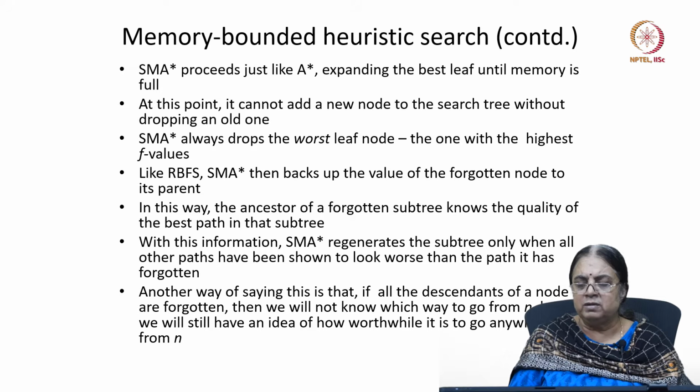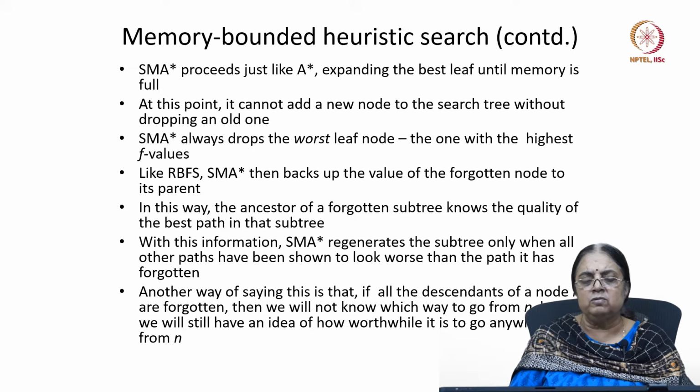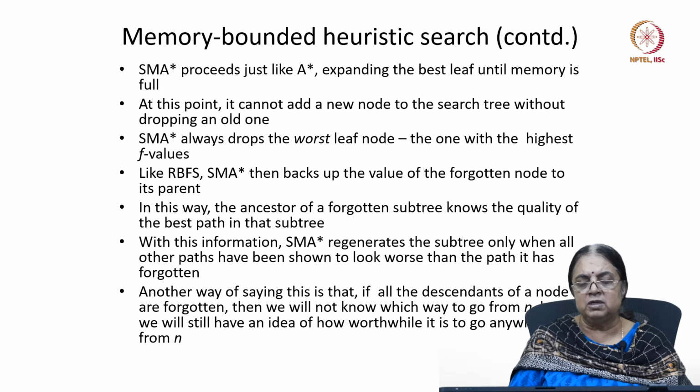But once you find that the memory is over, you actually remove a whole subtree. If the subtree has an f value which is slightly higher, you are going to remove it.